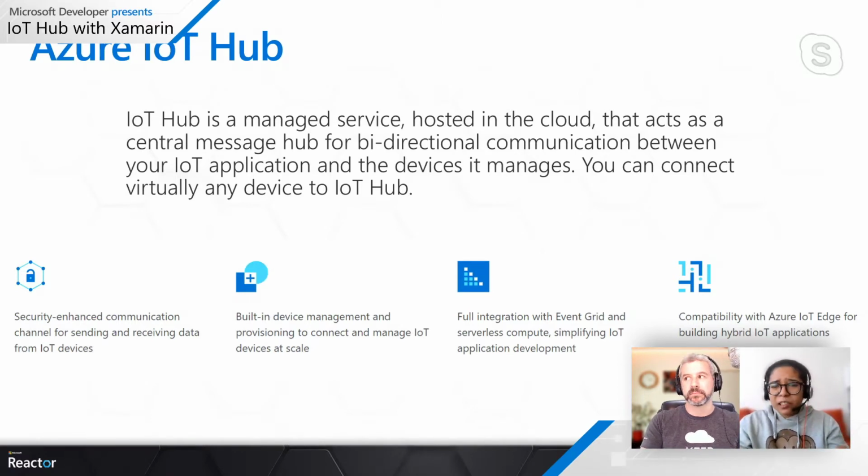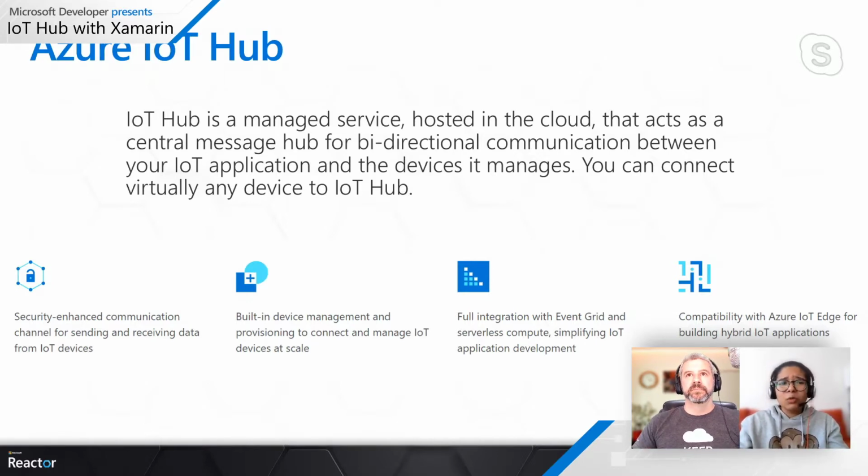Think of it as a hub that helps you manage provisioning and controlling different devices on your system, and acts like a dashboard where you can see how messages are coming through, and if a device is acting up or having issues. It's like a one-stop shop for everything to do with IoT.